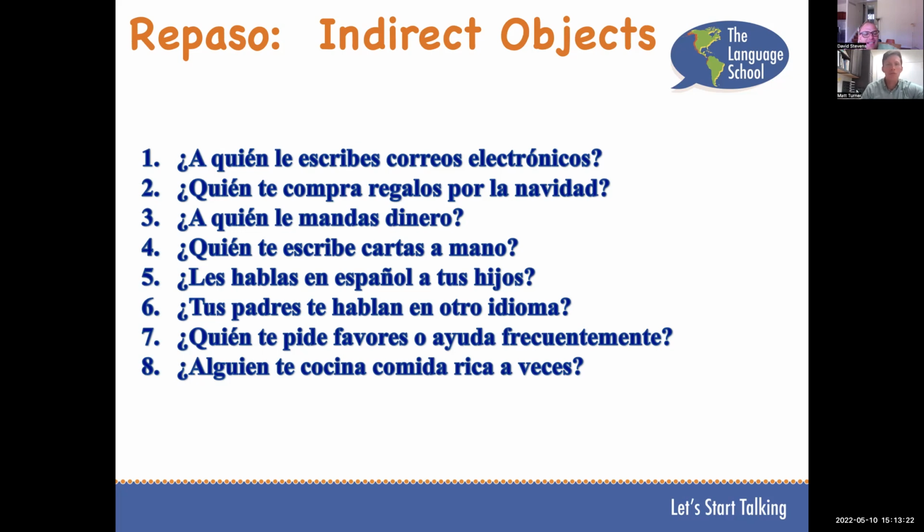¿Quién te escribe cartas a mano? ¿Quién? So that's asking who writes me letters by hand. Okay. Mi madre me escribe cartas a mano. ¿Le hablas en español a tu hijo?